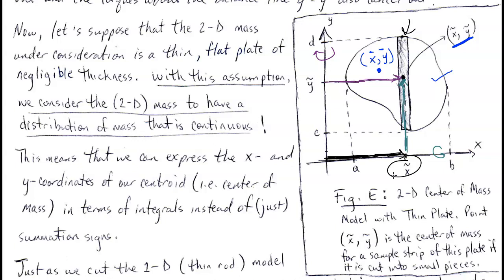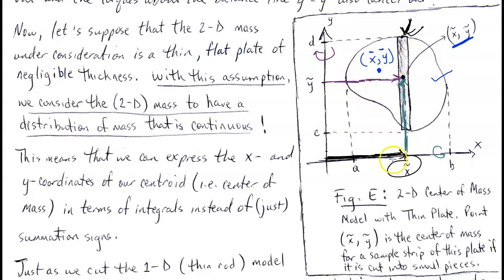So we know that for this particular vertical strip, its center of mass is going to be exactly at x tilde. Now, of course, what y tilde is, we're going to deal with that in a second.